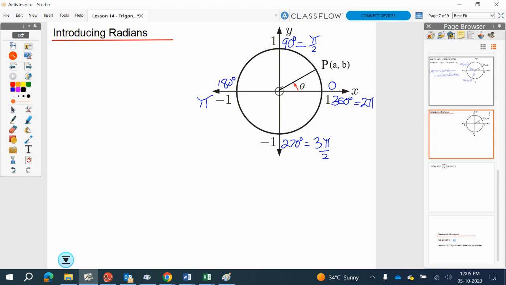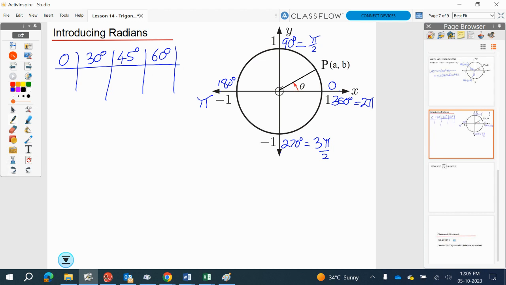You'll make a lot of calculations between a few different bits and pieces, so just doing a quick table. Normally in our exact value table, we use this pattern. This one's pi over 2. How many 90s are in 180?